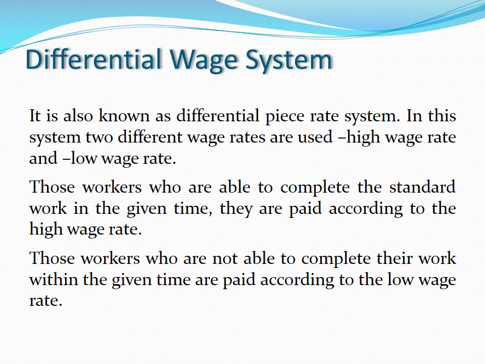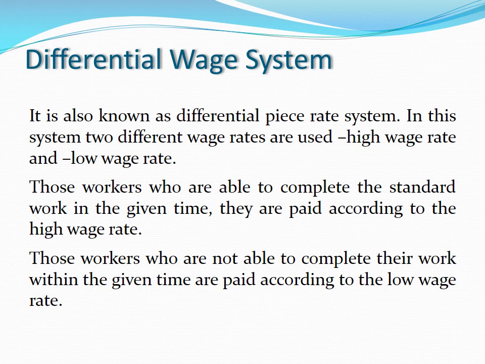Differential wage system. It is also known as differential piece rate system. In this system, there are two different wage rates that are set: high wage rate and low wage rate. So what happens in this system is that a standard quantity of production is fixed by the employer.